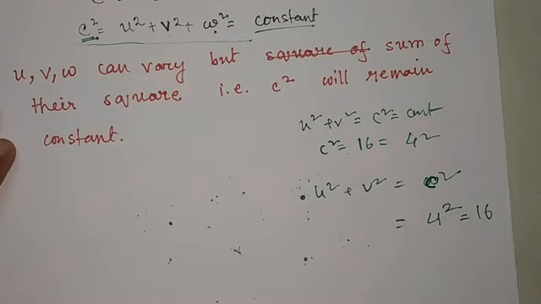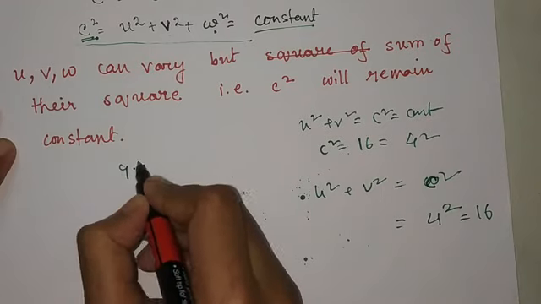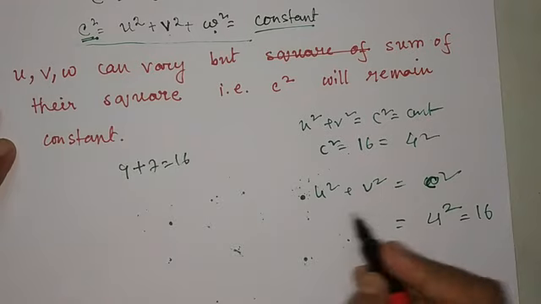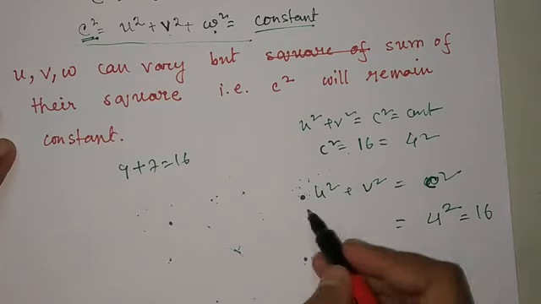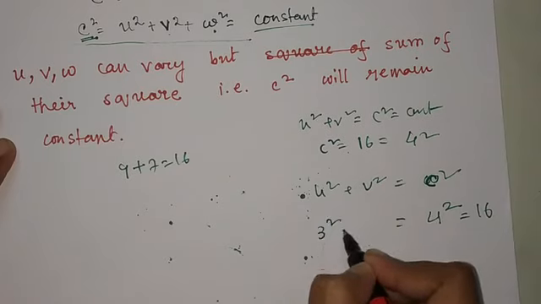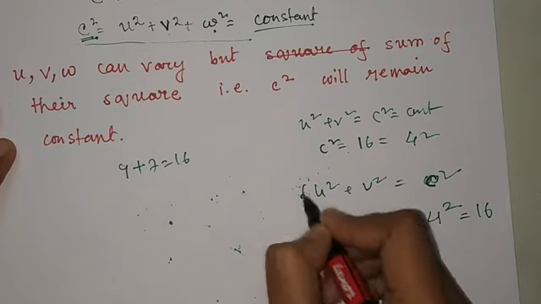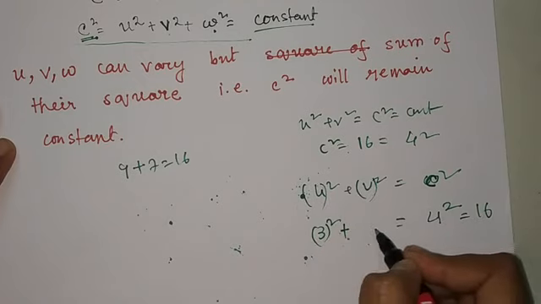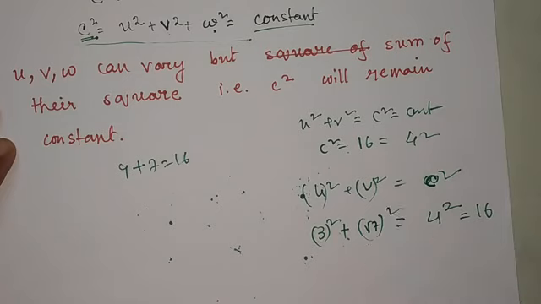Now we can make 16 in different ways. So first one is, suppose 9 plus 7 equals 16. So in form of U square plus V square, how can we write 9 plus 7? It is 3 square plus root over 7 whole square. So now U is 3 and V is root 7.